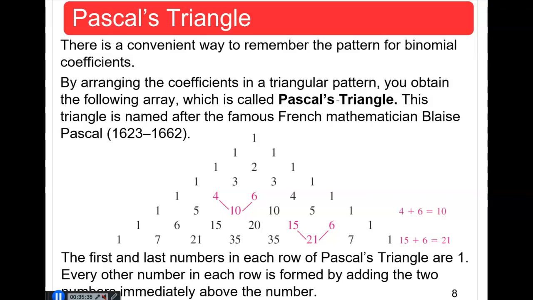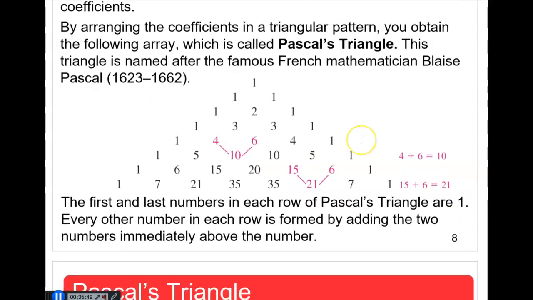So the way this triangle works is you have sort of a pyramid or triangular shape, and at the top of the triangle you will have the coefficient of 1, which you could see here.